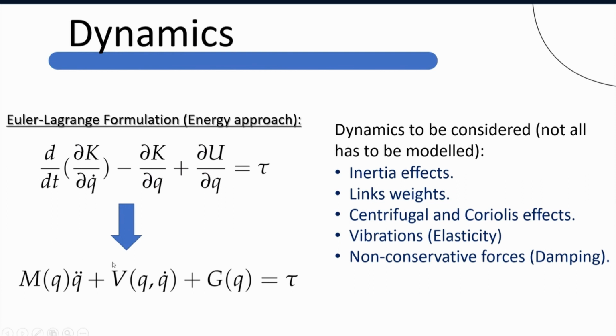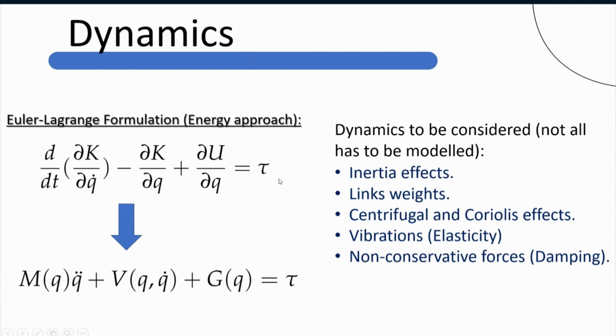The next term deals with the centrifugal and Coriolis effects, and the G term deals with the gravity and the weight of the robot. Because the robot has a certain weight, it puts a certain load on the motor, so we have to compensate for this load. This is what the G term is doing here.